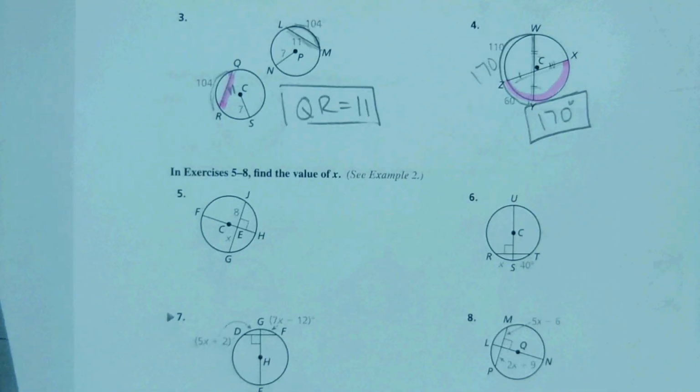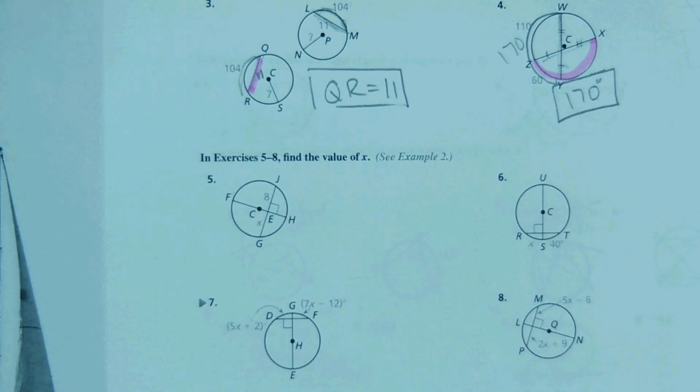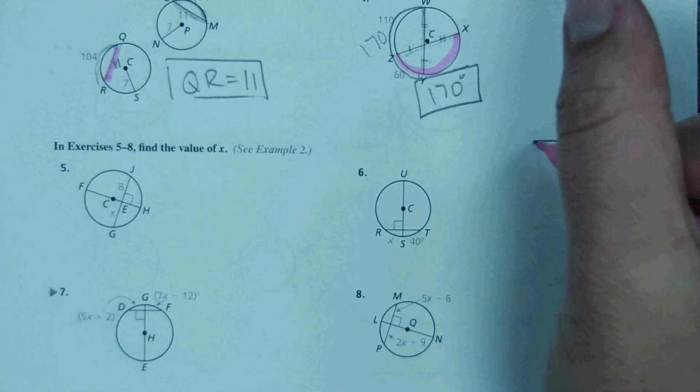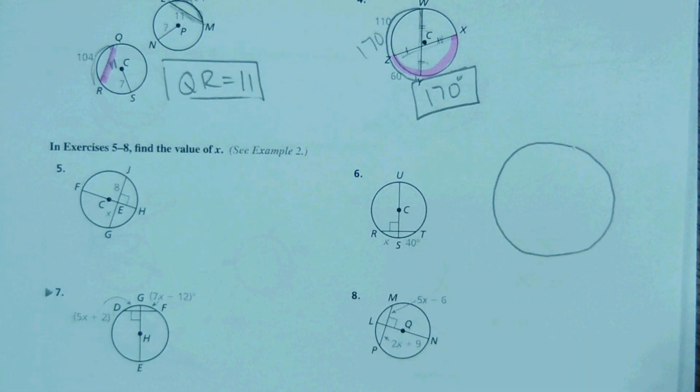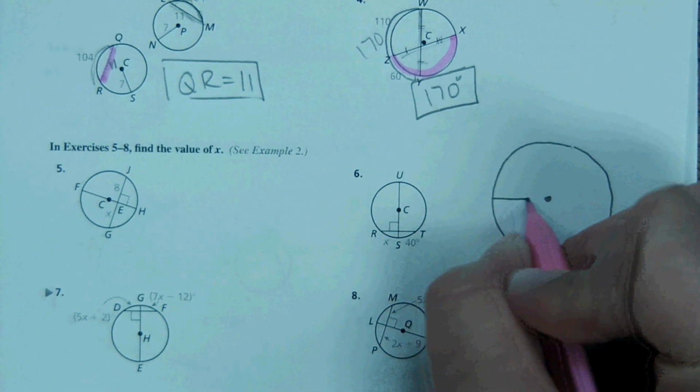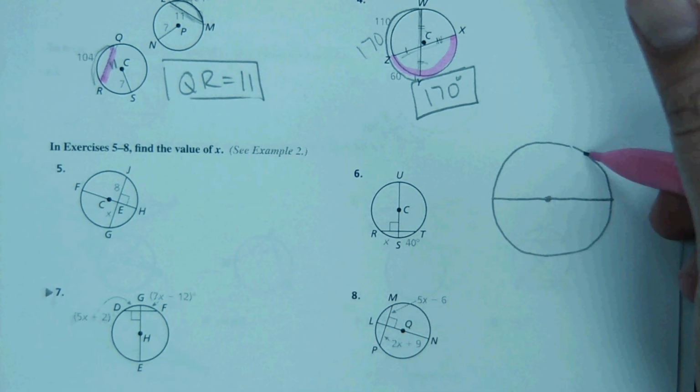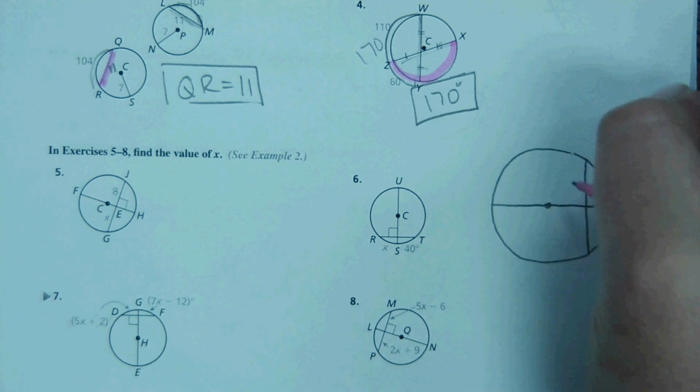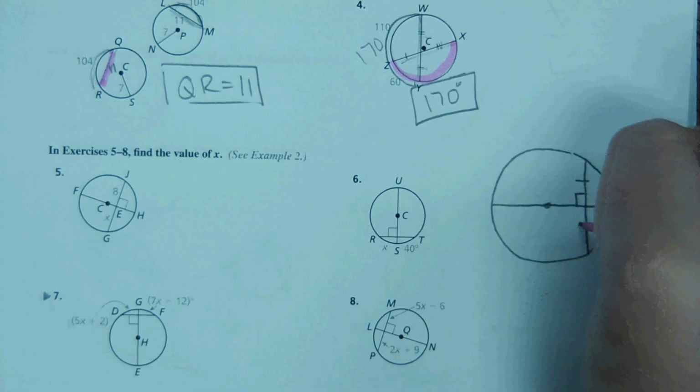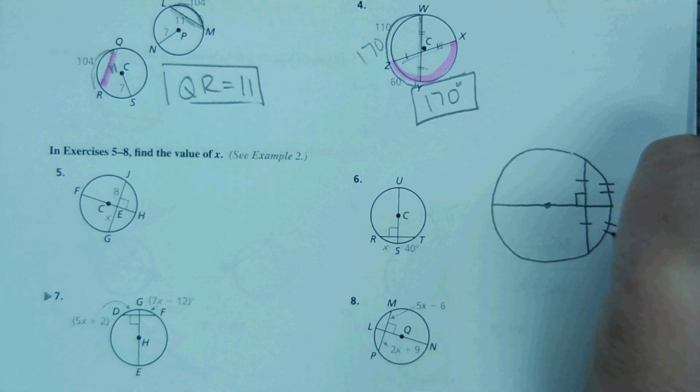Okay, next set of problems. This one is based on the idea that if you have a circle, then you have a diameter of that circle and it's perpendicular to a chord, and it bisects that chord. This is equal to this.